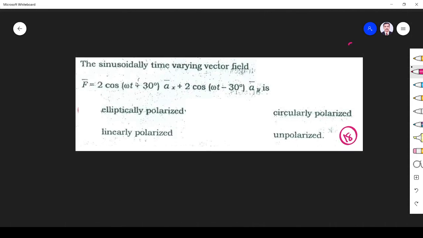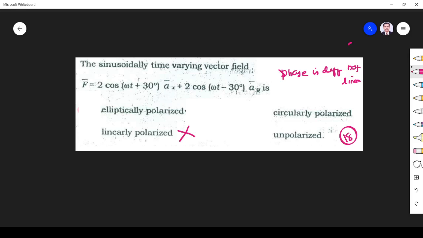Next one, the sinusoidally time varying vector field is what type of polarization? First you check whether phase is different. If phase is different, then surely it is not linear polarization, right? Phase is different. That means it's not linear polarized. So this option is wrong, right?